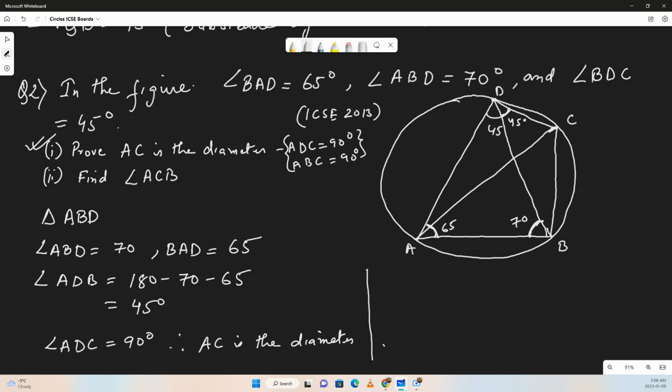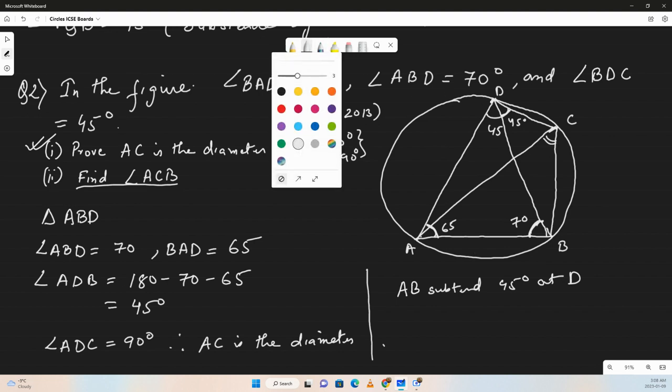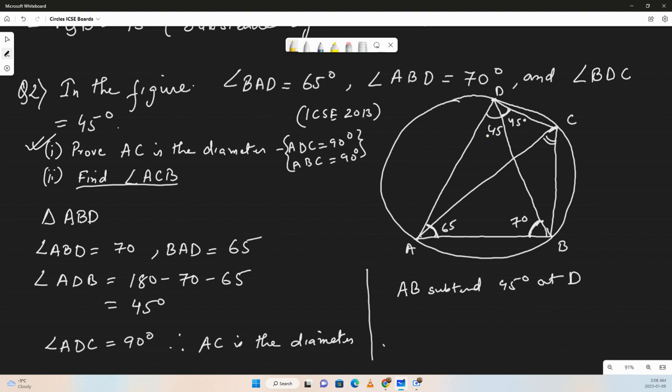So what's the next proof? Find angle ACB. So ACB, we have to find this angle. So AB subtends 45 degrees at D. So it will subtend 45 degrees at any other point. Let me use the yellow ink. So AB subtends 45 degrees at D, so it will subtend 45 degrees at any other point.